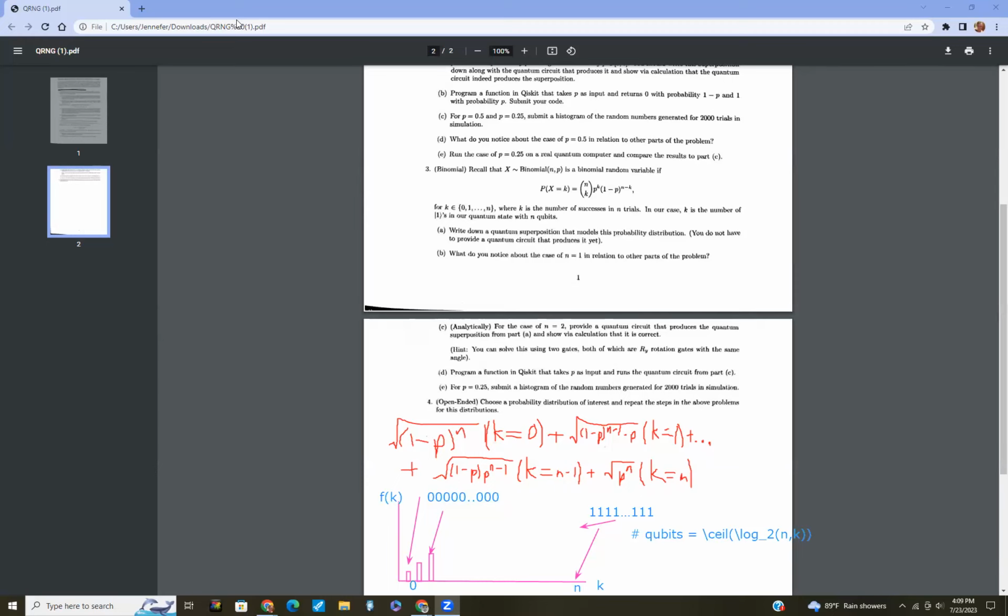Okay, so that's slightly different than the way I was thinking about it. Yeah, so the number of qubits is n, like the way that you said, and they're treating the labels of the kets as the success outcomes.